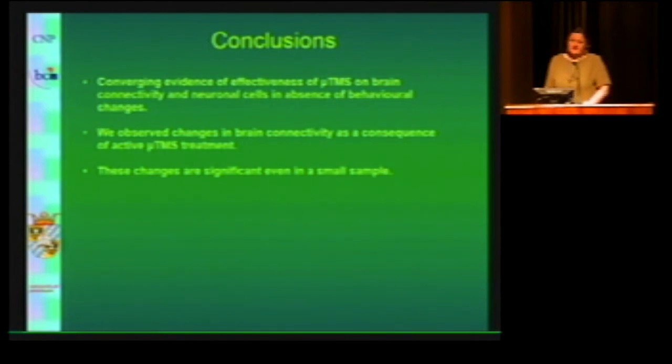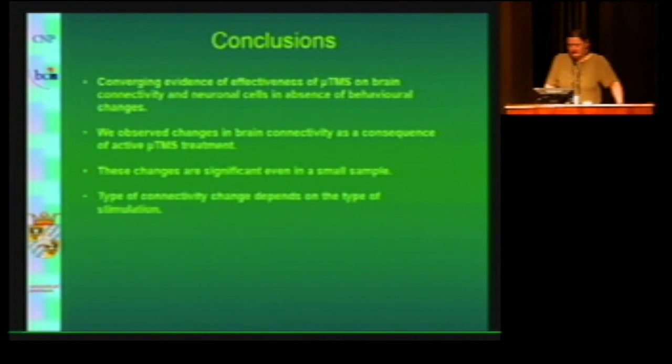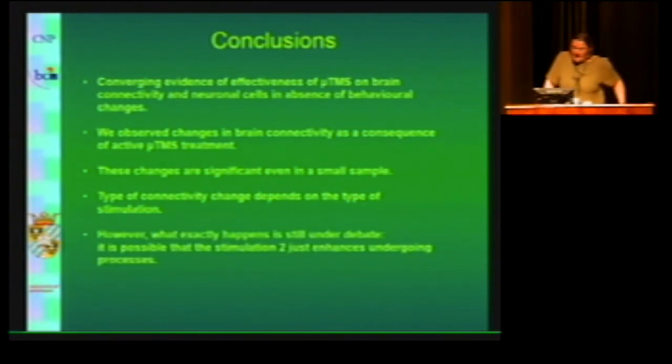I say here, even in a small sample, I have to mention that during collection of the data, I was simultaneously analyzing the data, for instance for 20 subjects, then adding 10 more and adding 10 more, and there were no differences in significance of this stimulation. The type of connectivity change depends on the type of stimulation, either stimulation 1 or stimulation 2. But what is exactly happening is still under debate.